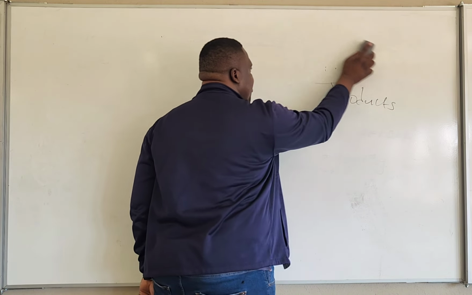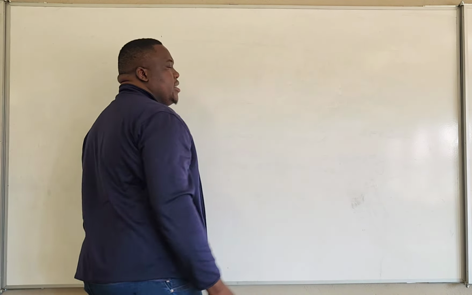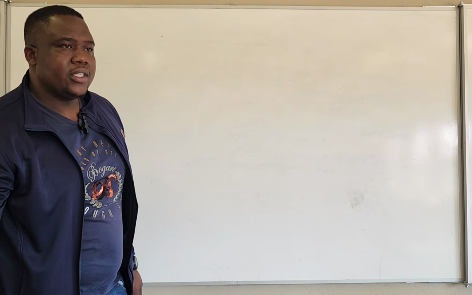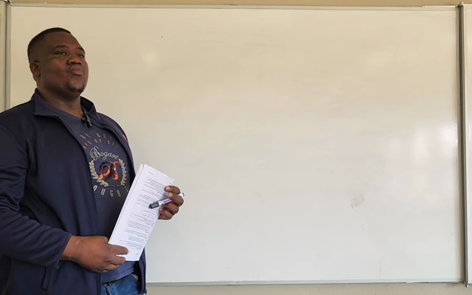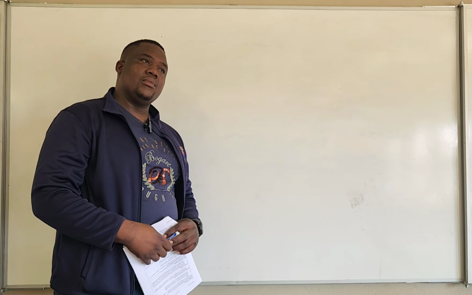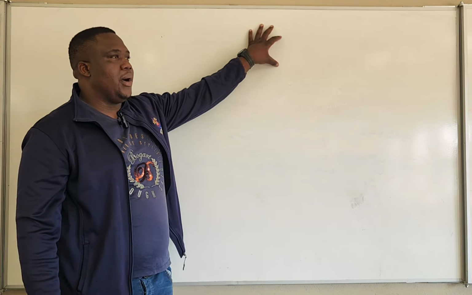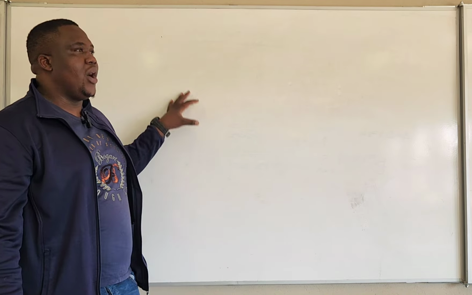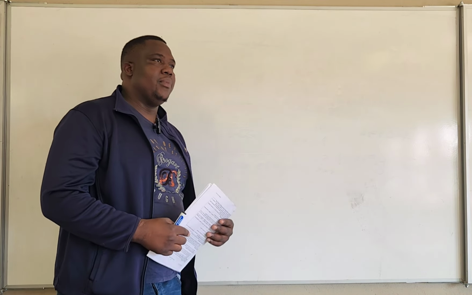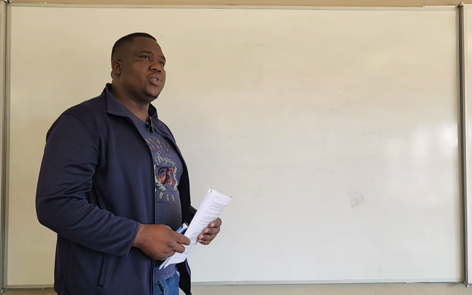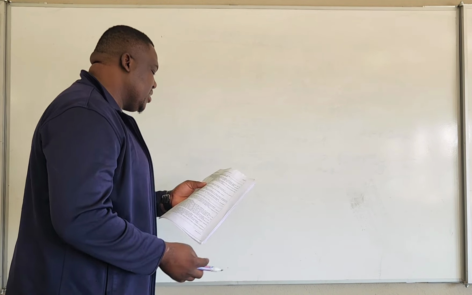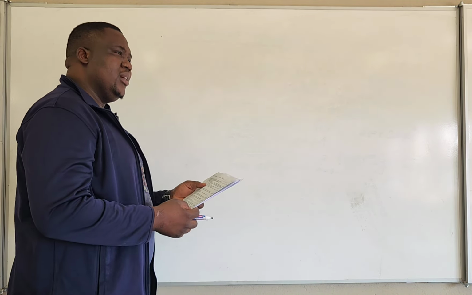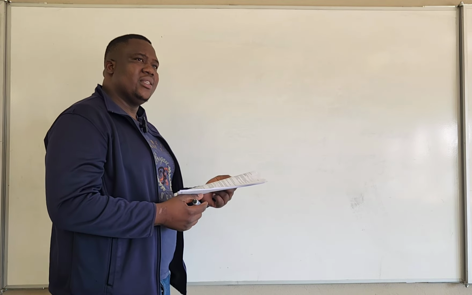We are moving forward. Since now we have talked about the characteristics of a reversible reaction and the conditions for us to achieve chemical equilibrium, we can talk about chemical equilibrium. What is this chemical equilibrium?